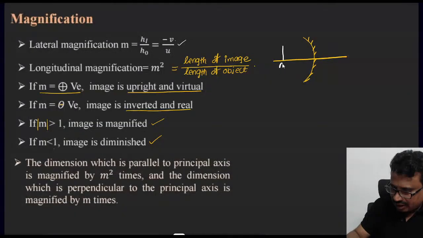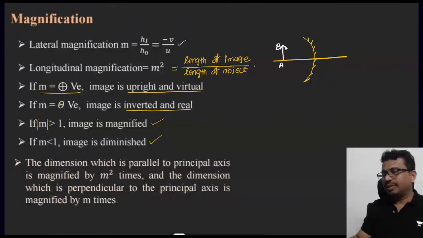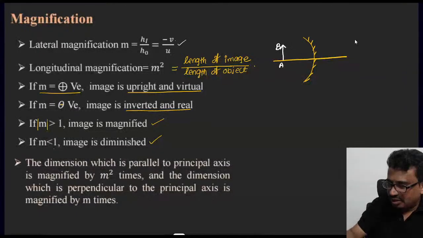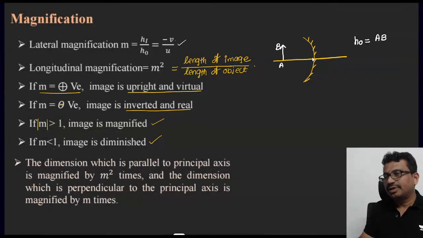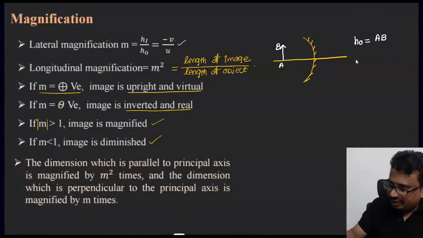Let us say this is AB, and AB is the height of the object. Is this AB parallel or perpendicular to the principal axis? It is perpendicular to the principal axis. Then the height of the image is equal to m times the height of the object.